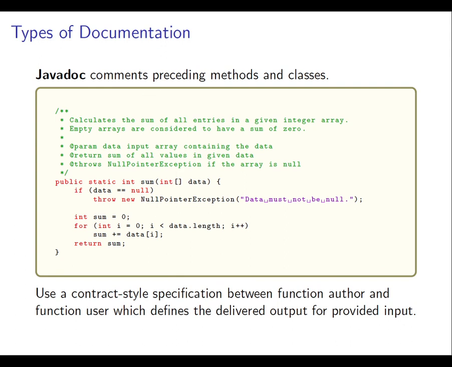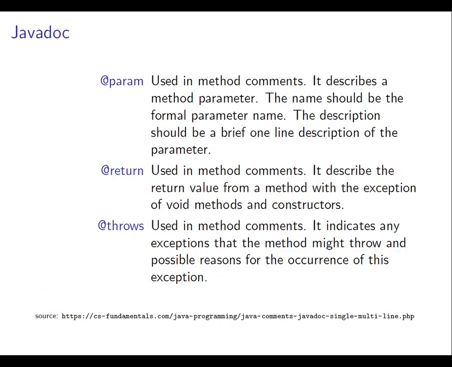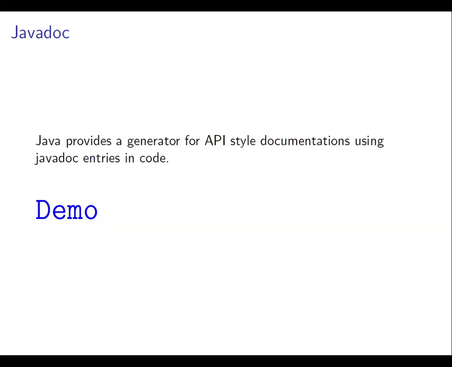In this case we're using the standard tags here, param, return and throws, to explain respectively what the parameters to the method are, what the method is promising to return, and what exceptions might get thrown and under what circumstances. And that basically just says the same thing again. And there's a URL there where you can find some more information. And now we'll see a quick demo of using the actual Javadoc tool itself.